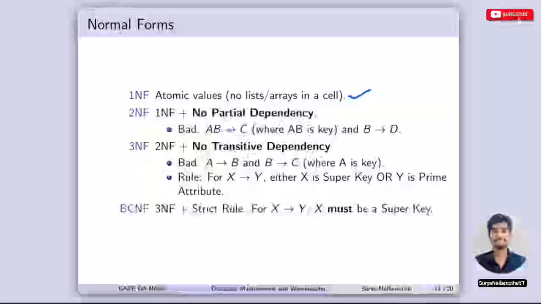So we need to check whether these functional dependencies are available or not. If not available, then the 2NF condition is satisfied. If available, then it is not satisfied.